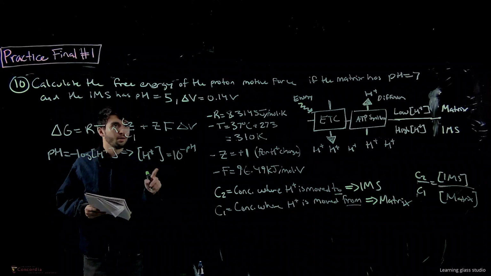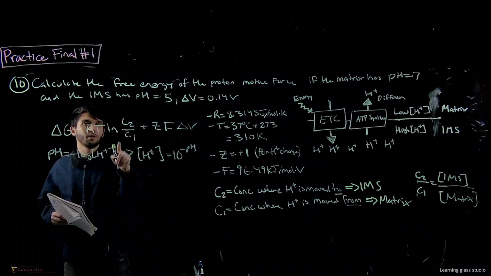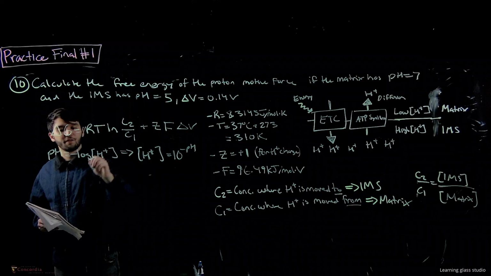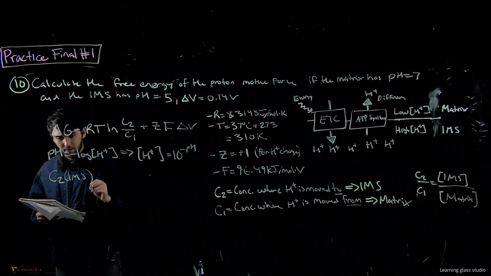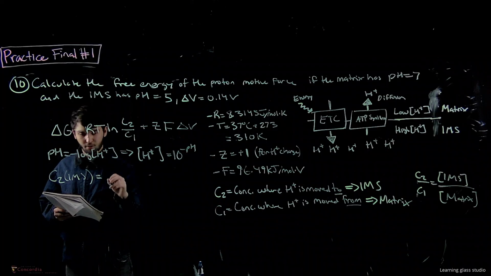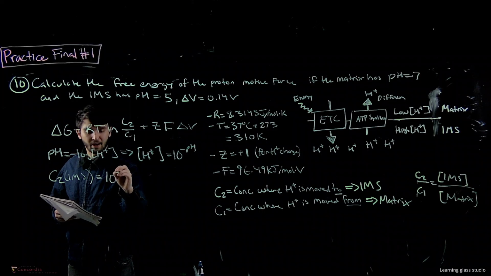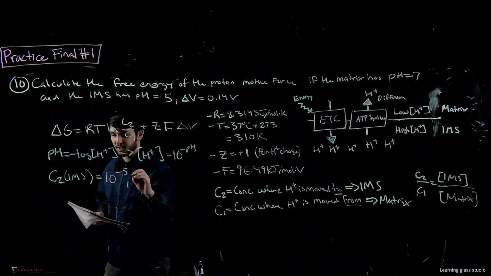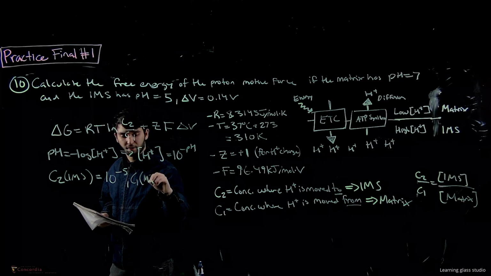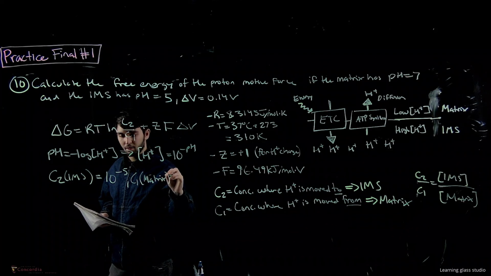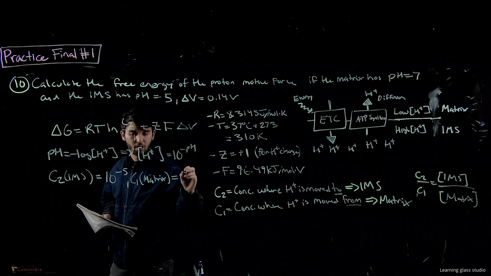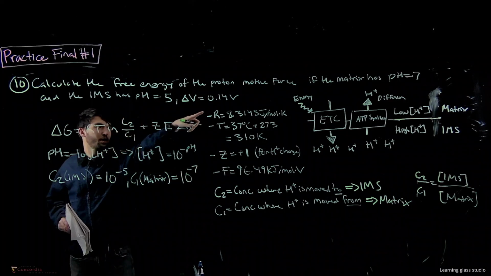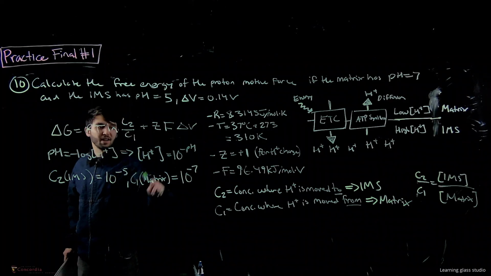C2 is in the IMS, which has a pH of 5, so C2 is equal to 10 to the minus 5, while C1, the matrix, has a pH of 7, so a concentration of 10 to the minus 7.